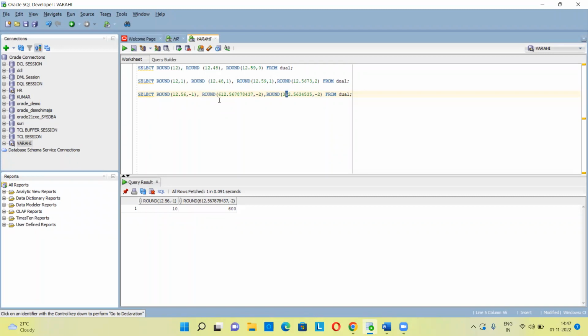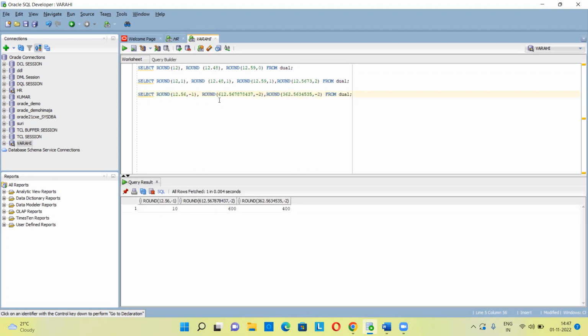The -2 value is 6. So it will consider again whether 6 is more than or equal to 5 or not. In previous examples also, it checks whether that value is more than or equal to 5. Of course, those had 1 or 2, so it came as it is just by replacing with zeros. But here the value is 6 and it is more than 5. So it needs to add 1 to the number before 6. What is that number? 3. 3 plus 1 is 4. Already 2 zeros are there, so the output will be 400.